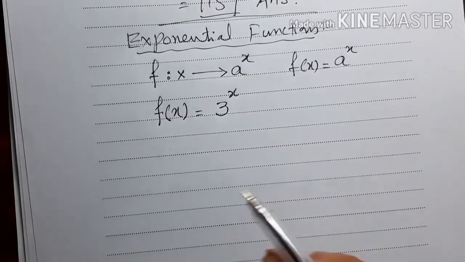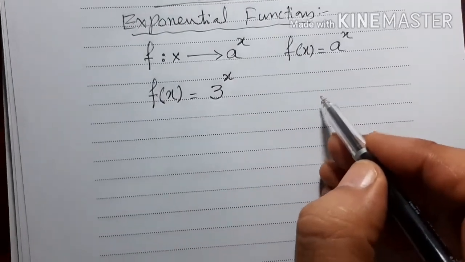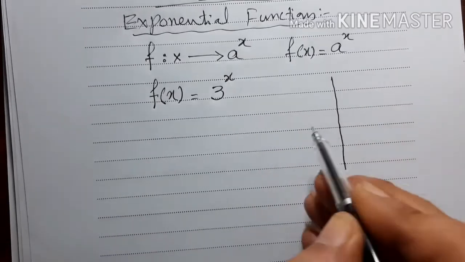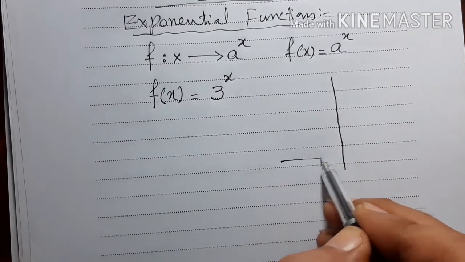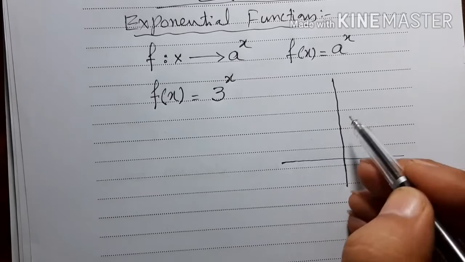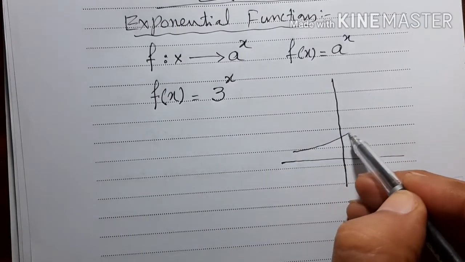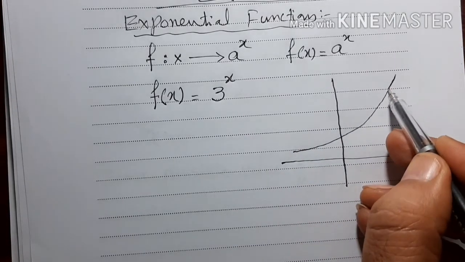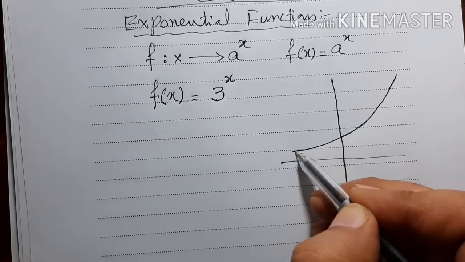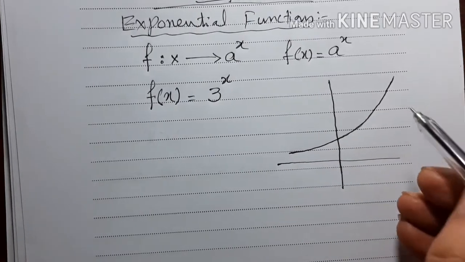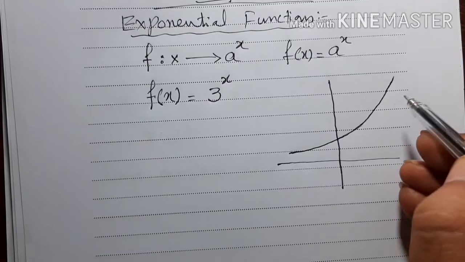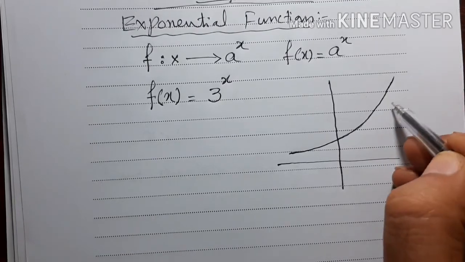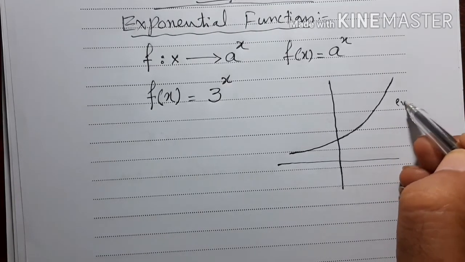If we plot the graph of an exponential function, we'll get a curve like this. This is called graph of exponential function. It is also called exponential growth.